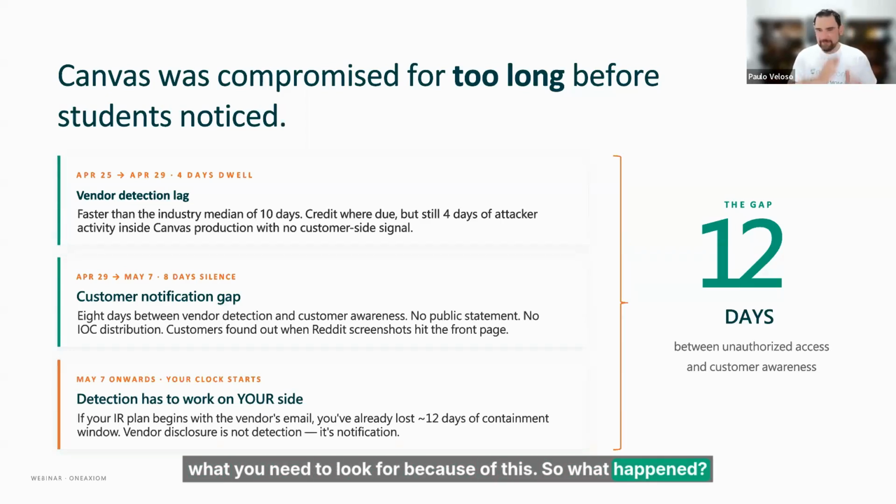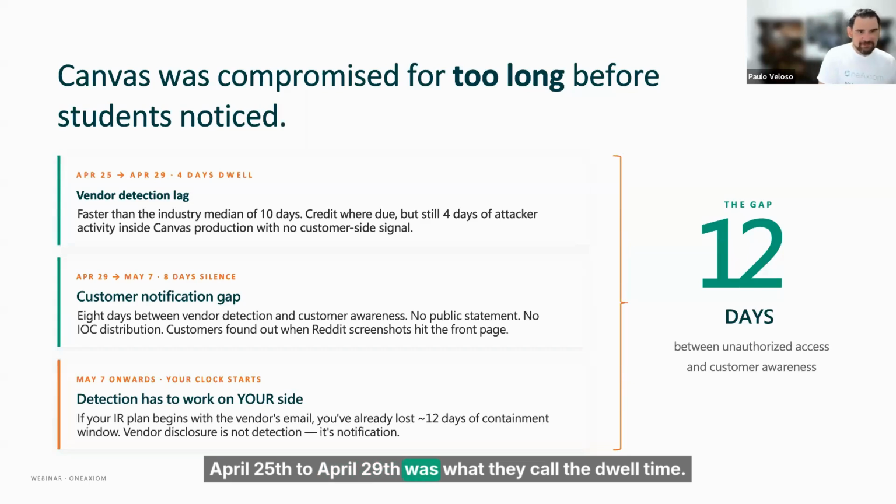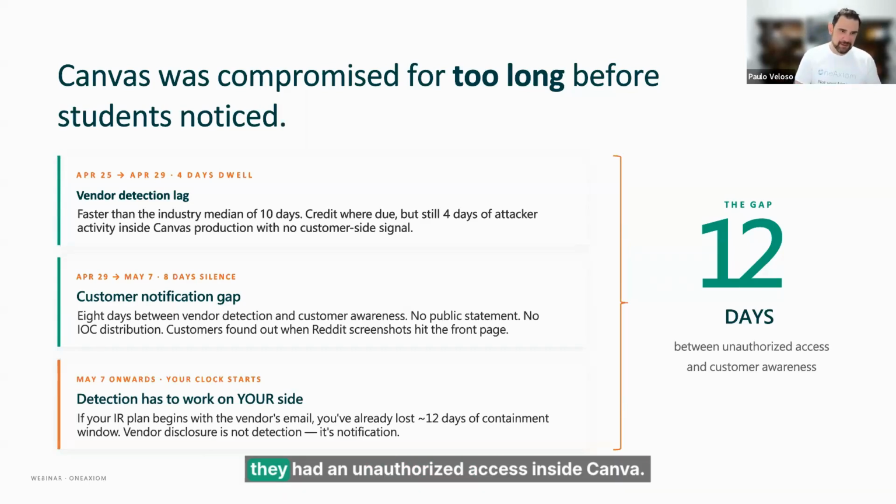So what happened? April 25th to April 29th was what we call the dwell time. On April 25th, they had unauthorized access inside Canva. The industry average was 10 days, so they caught it in 4 days. It's not bad, but it's terrible for you. During all 4 days, the compromise happened and the credential was used to compromise even further.